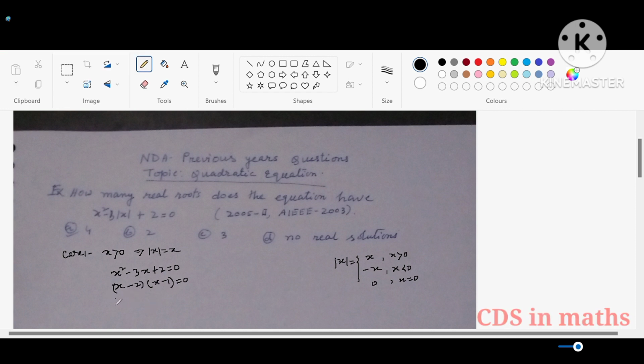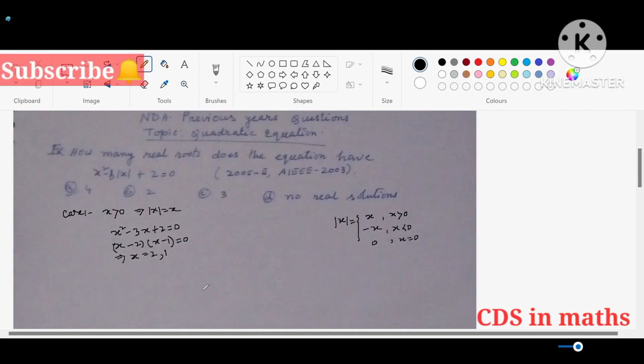If the product of two factors is 0, then either this factor will be 0. If I consider x minus 2 equal to 0, I will get the value of x as 2. Or if I consider x minus 1 equal to 0, my value of x will be 1. So we got two values of x in case 1.